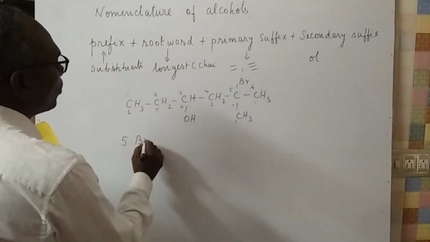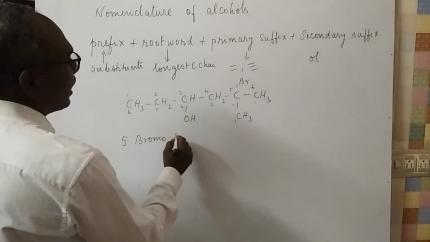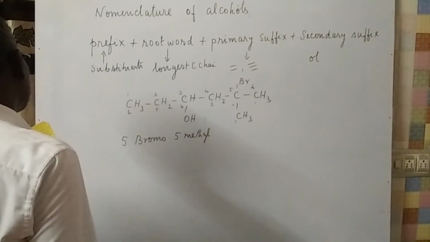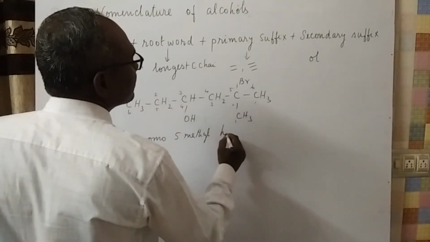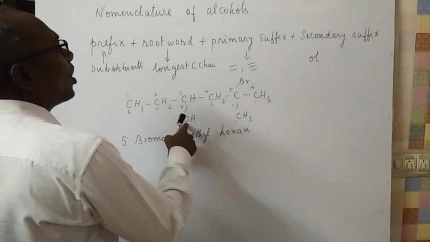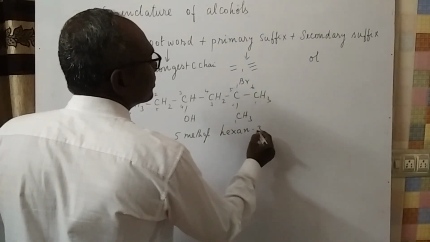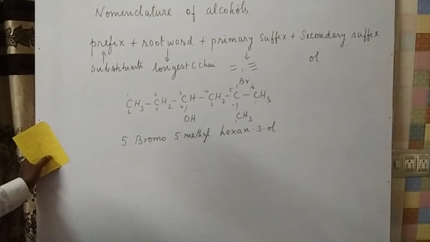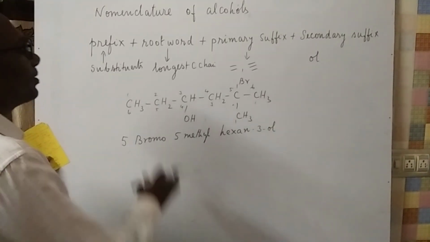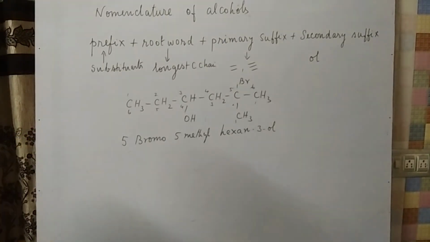Therefore 5-bromo, 5-methyl, hexane, 6 carbons, and the ol group is in the 3rd carbon, 3-ol. Therefore, the name of this compound is 5-bromo-5-methylhexan-3-ol. So this is how a linear molecule is named.